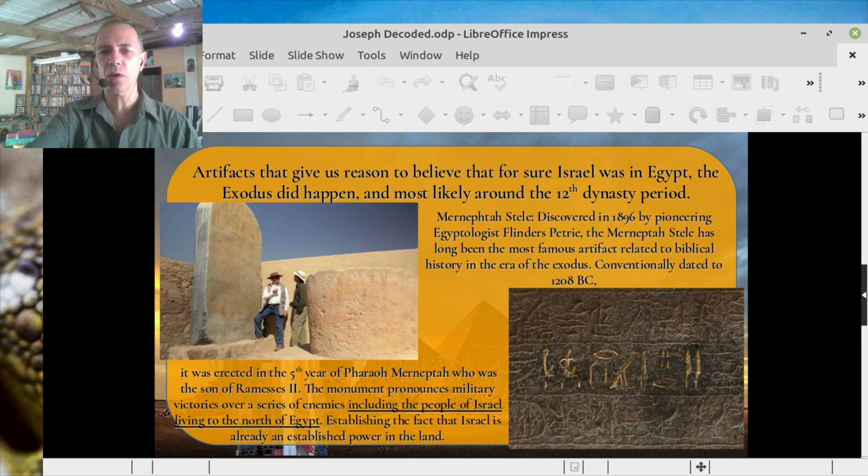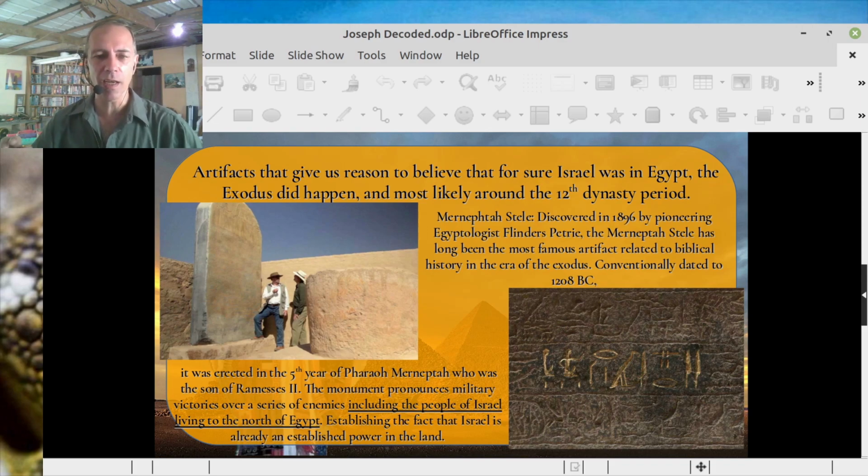And you can see the part that is brought out in a goldish color there so that we can see it better. This is stating that Egypt had some victory over one of its enemies, which was the house of Israel, which lived up to the north. And of course, that's important because it establishes that Israel existed up to the north.